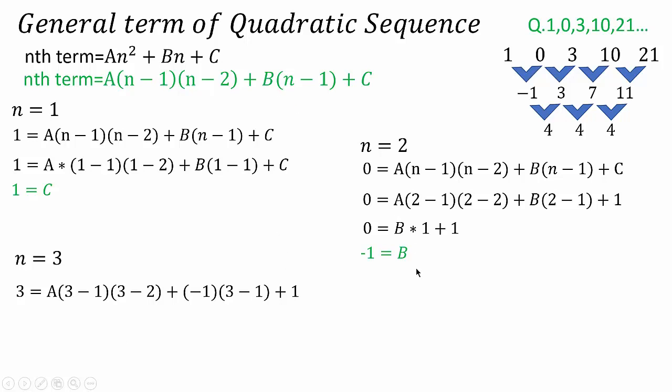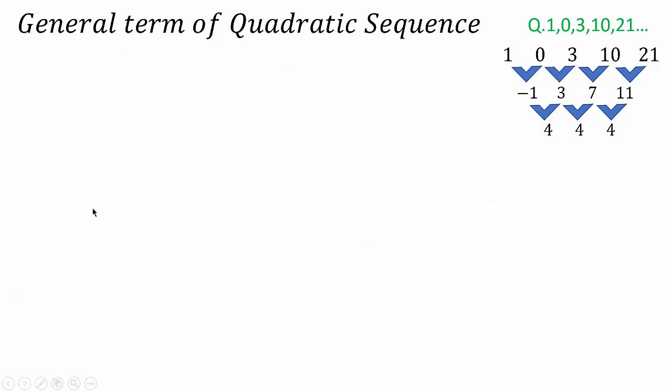Since b we have already found to be minus 1, and c to be 1, we put these in, and by further simplification we get the value of a as 2. So let's collect these coefficients: a is equal to 2, b is equal to -1 and c is equal to 1.